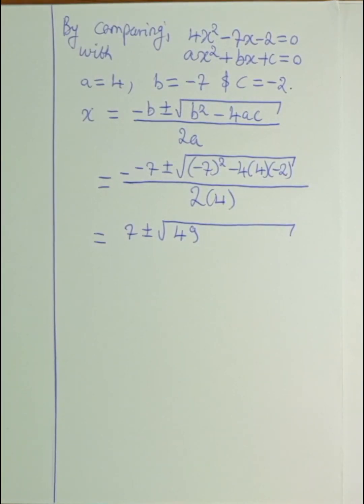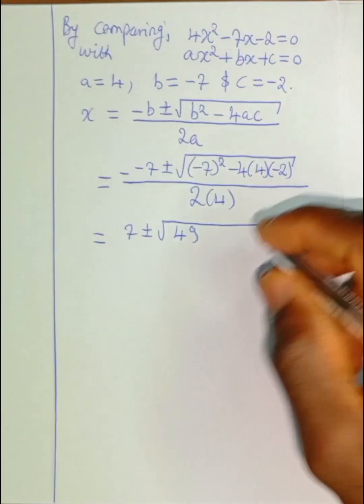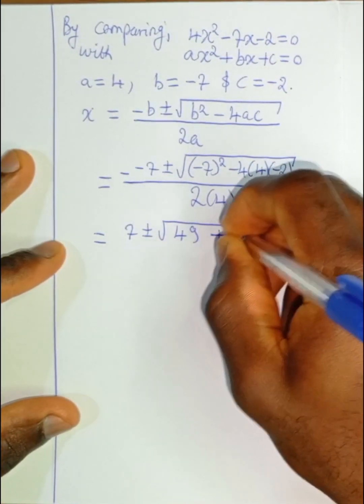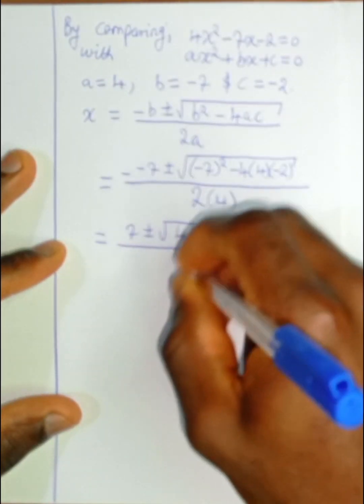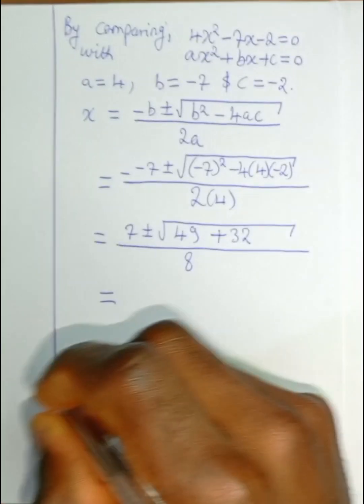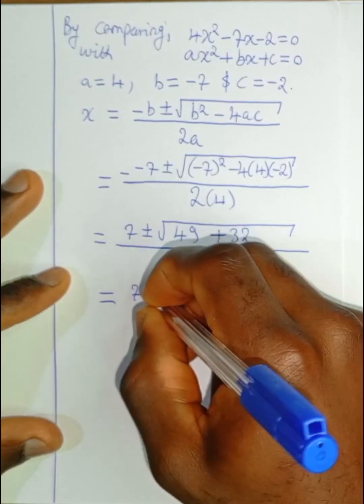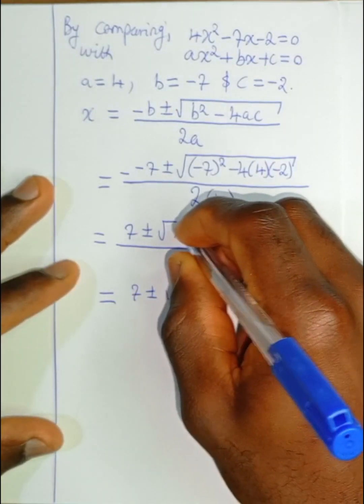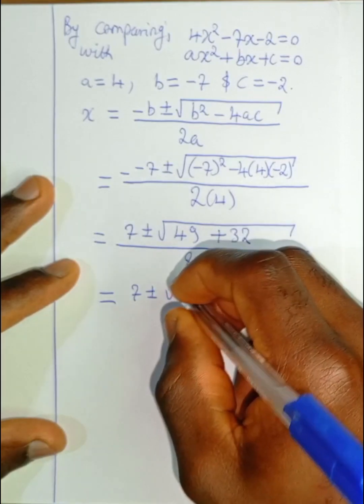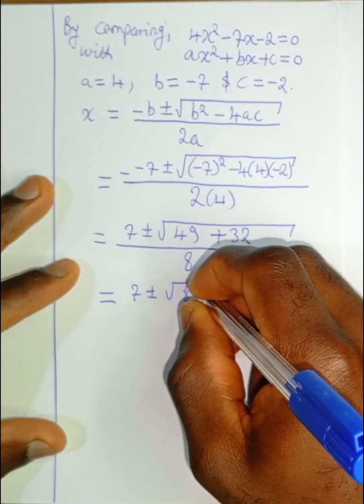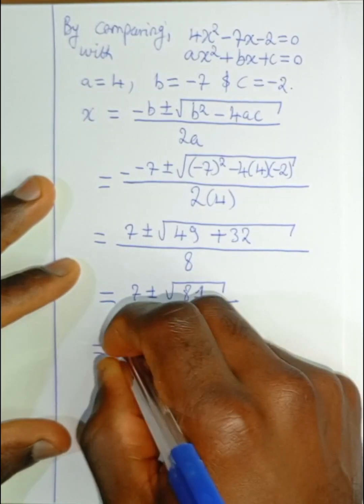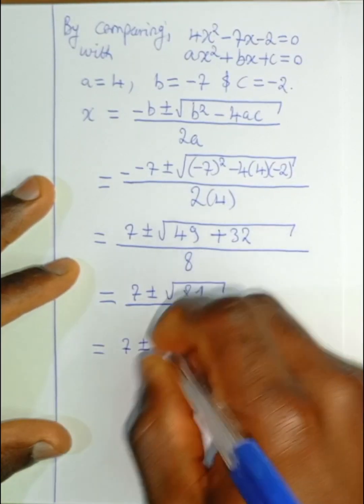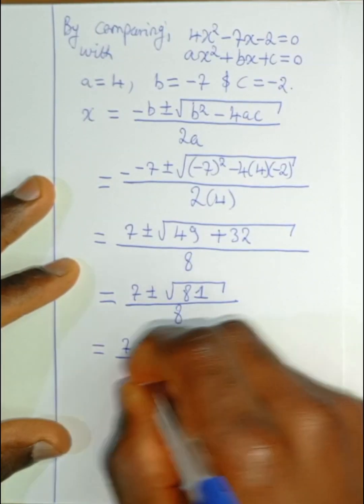Negative 16 times 2 times negative 2 gives us 32 plus 32 all over 2 times 4 gives us 8. This will simply be equal to 7 plus or minus the square root of 49 plus 32 gives us 81 all over 8. This will give us 7 plus or minus the square root of 81 is 9 all over 8.